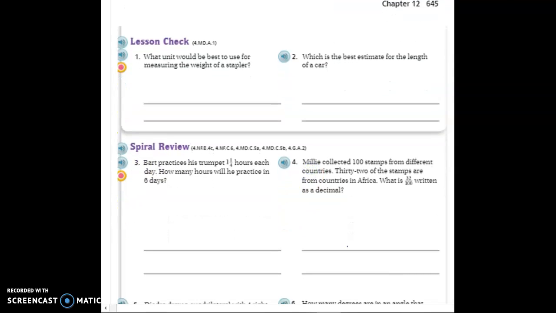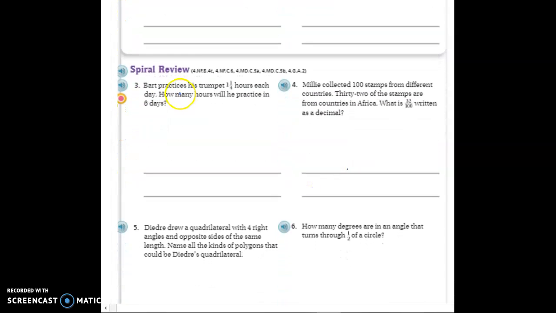Right, number 1. What unit would be best to use for measuring the weight of a stapler? Number 2. Which is the best estimate for the length of a car? Number 3. Bart practices his trumpet 1 1/4 hours each day. How many hours will he practice in 6 days? 4. Millie collected 100 stamps for different countries. 32 of the stamps from the countries in Africa.